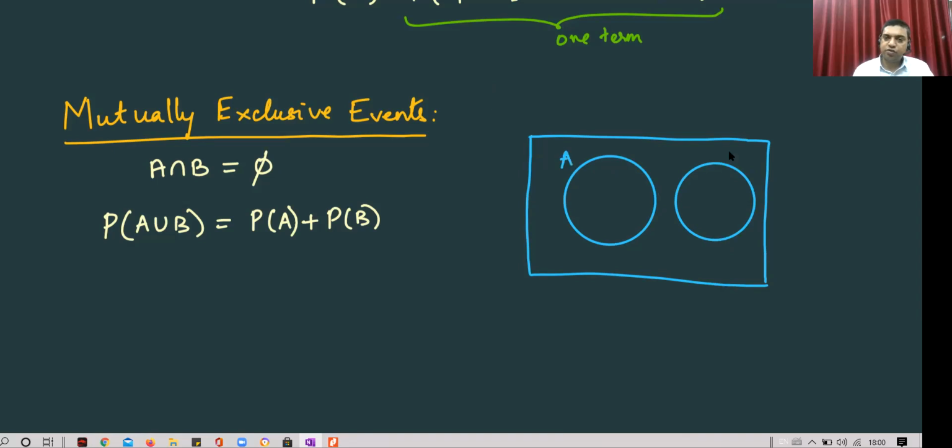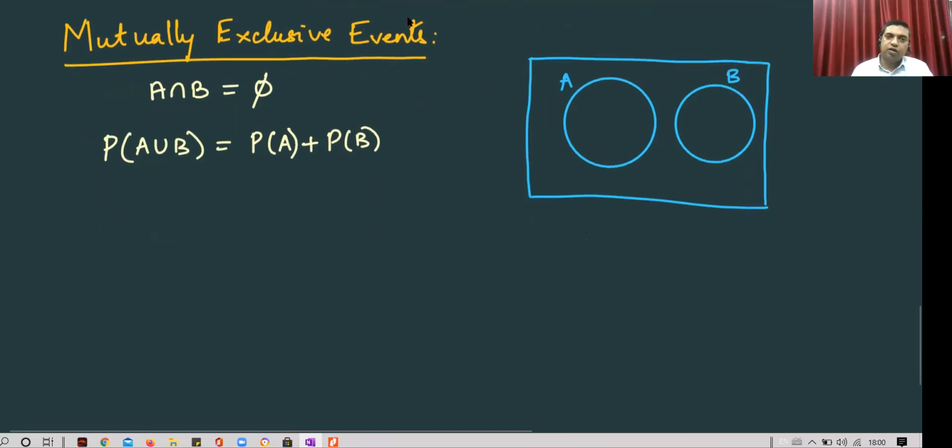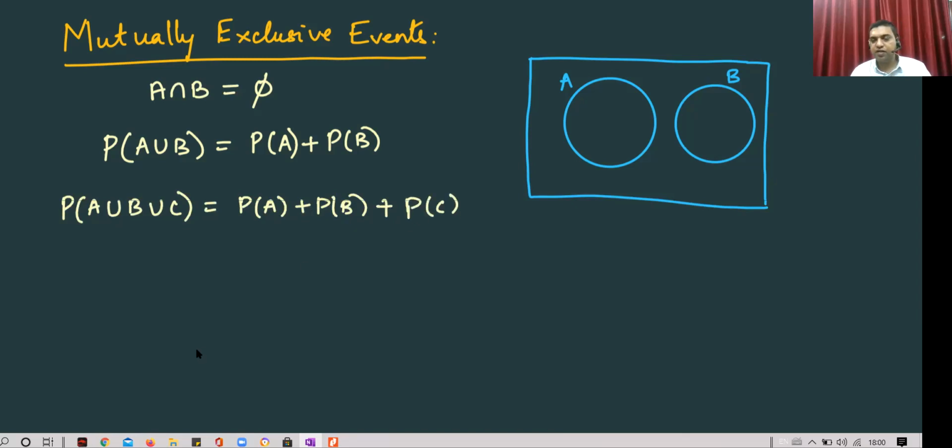So these are mutually exclusive events. There will be no overlap. So probability will be addition only. Now, if you have 3 events, any two taken in pairs are mutually exclusive, which means there's no intersection at all. So if A, B, C are mutually exclusive events, then this is the result.